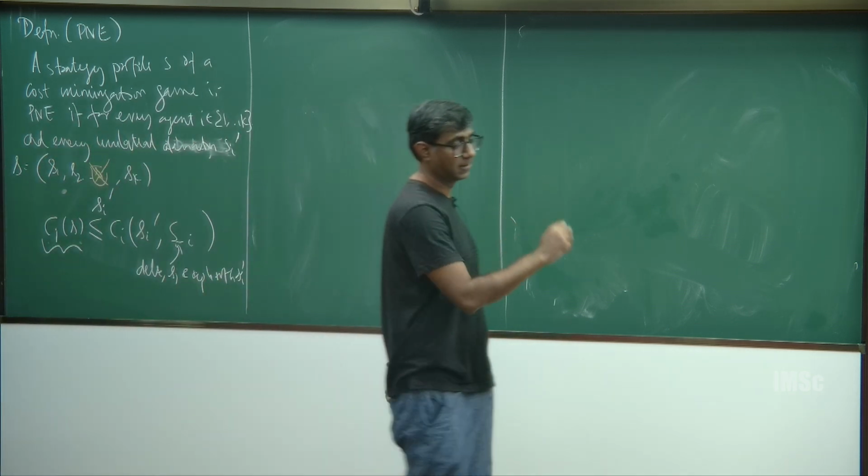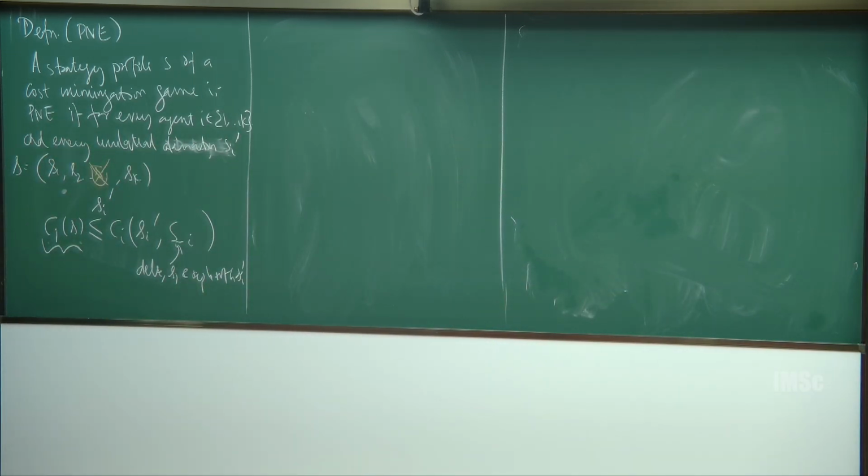So, is it PNE? Let us prove that whatever we decided is a PNE. Why is it a pure Nash equilibrium? Because suppose an agent decides to forgo Beta max and replace it with VHS, because that is all the choice he has. What is his cost then?